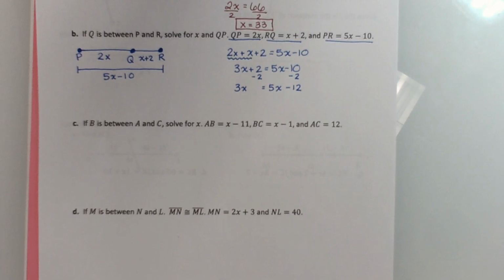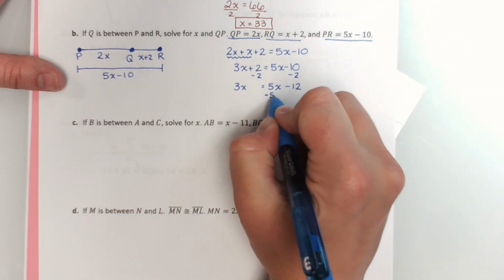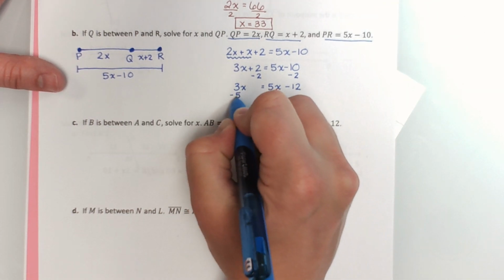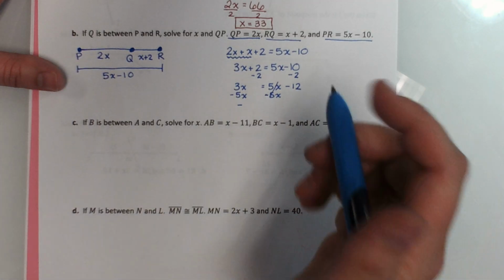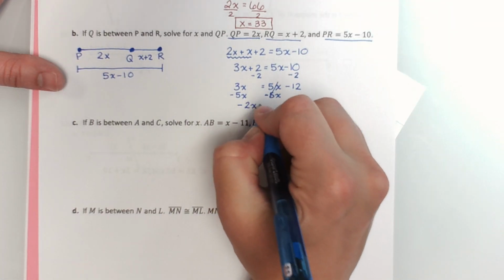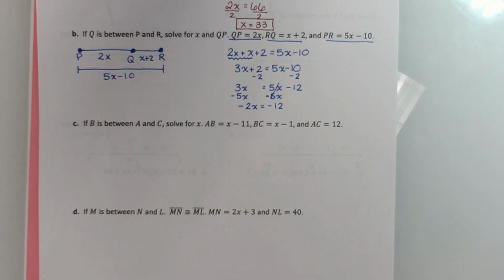Aviana. Yes, Aviana. My bad. I'm sorry. I did it the other way. You subtracted the 5x? We could do that now. That's what I would have started with, is moving the x's together. Do you have to? No. Negative 2x equals negative 12.